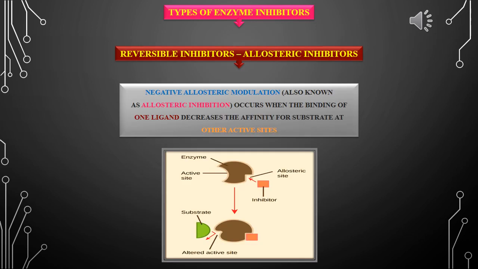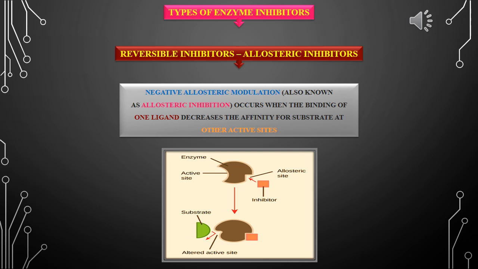Coming to allosteric inhibition, otherwise known as negative allosteric modulation. Negative here means inhibition or reduction. It occurs when the binding of one ligand decreases the affinity for substrate at other active sites. The enzyme has an allosteric site to which the inhibitor binds to inhibit substrate activity at the active site.